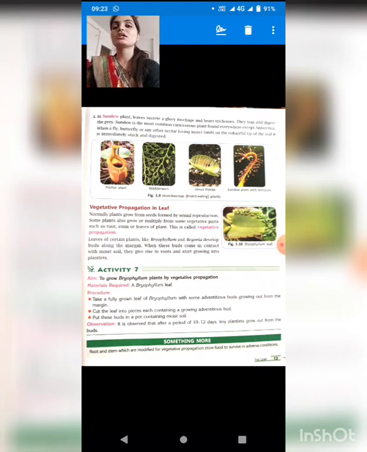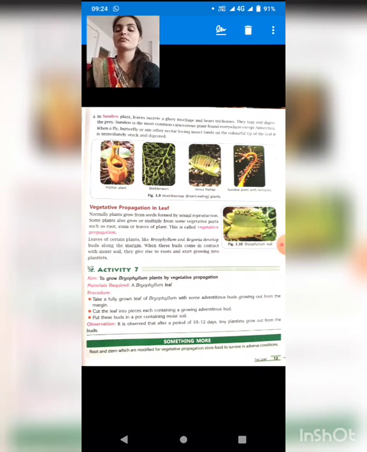In activity number 7 you have to vegetatively propagate a new plant with the help of a bryophyllum plant. When you take the bryophyllum leaf, after some time it propagates into new plants, and this is known as vegetative propagation.